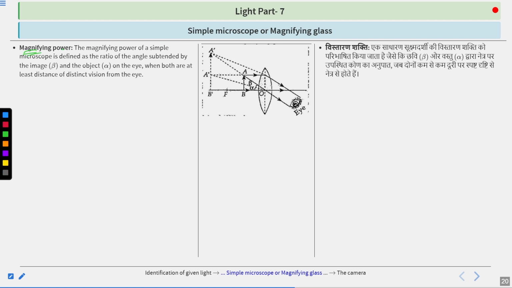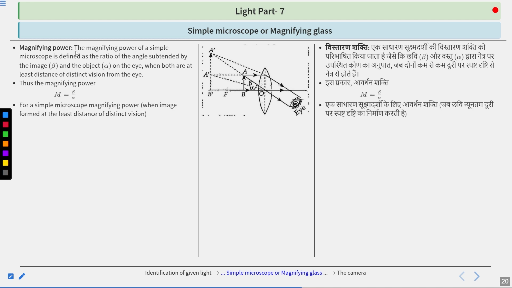Now, magnifying power, let's have a talk on this. The magnifying power of a simple microscope is defined as the ratio of angles subtended by the image, beta, and the object, alpha, on the eye when both are at least distance of distinct vision from the eye. Thus, the magnifying power is m equals beta by alpha.